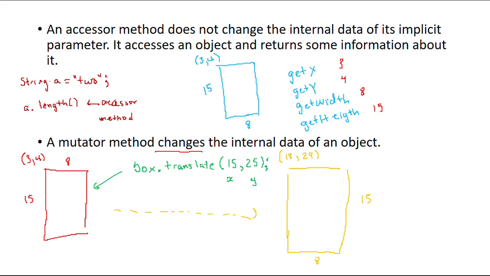So this translate method just changed two of the parameters of the data of the object. It was originally located at 3 comma 4 in xy, so it moved 15 units in x and 25 units in y, so after it, it's going to be located at 18 comma 29. And yes, things are starting to get really heavy.